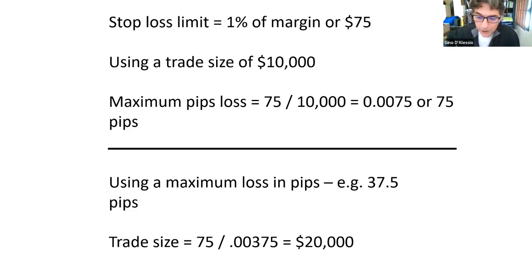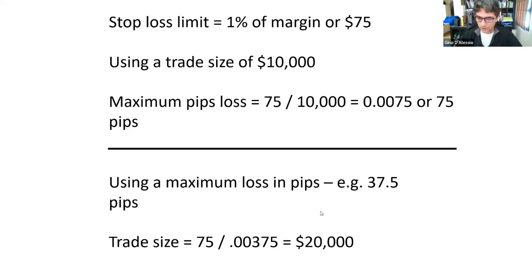Let's say I put on a trade at 1.10, and my trading strategy, execution and plan tell me that the stop loss is at 37.5 pips. Now I need to know what trading size I can use to take advantage of this trade. The trading size is given by the $75, my stop loss in dollar amount, divided by the number of pips, which is 0.00375, and that equals $20,000.